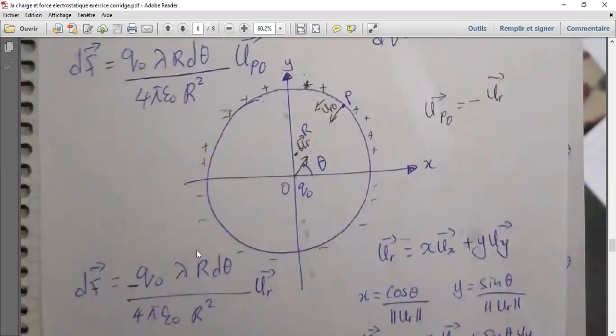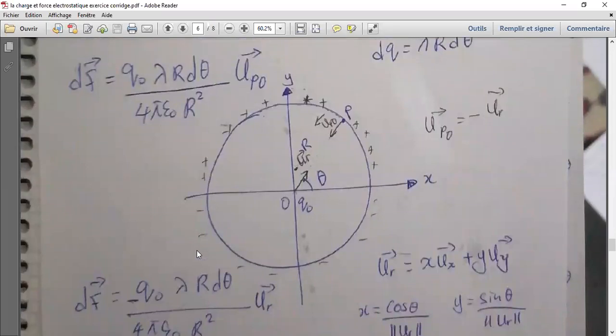Okay. What I was saying is, since we are working with polar coordinates, if you remember them, we had two vectors: the vector E theta, which is for the angle, and the vector E rho, which is for the radius.